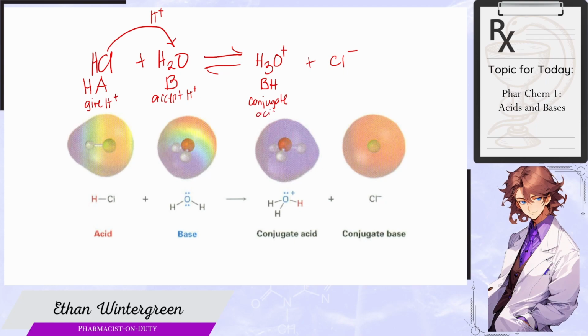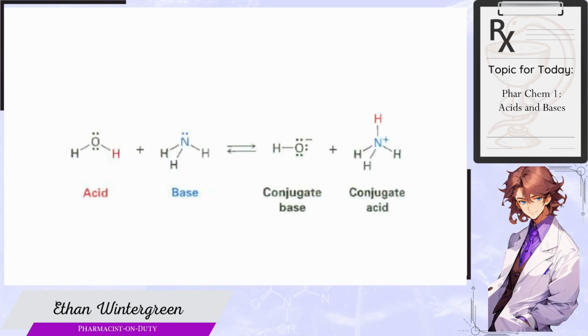To remember, every molecule that has the H is an acid, while the remnant from your acid, the chloride, is your A negative, or your conjugate base. Okay? Please remember these terms since this is important, because later on we will be using that notation as a basis for our equilibrium expressions.